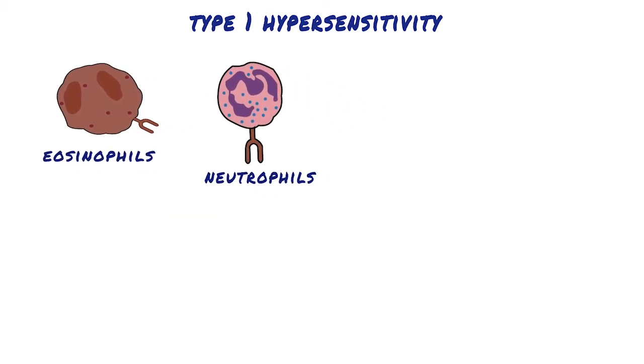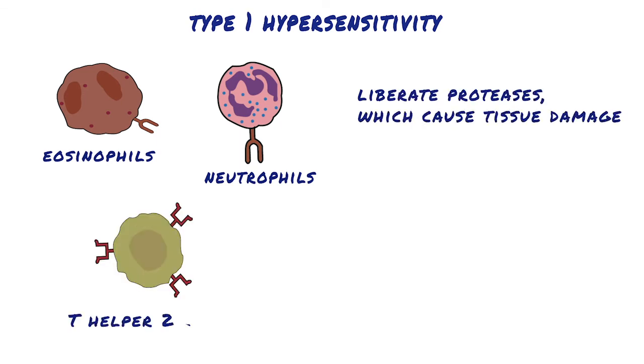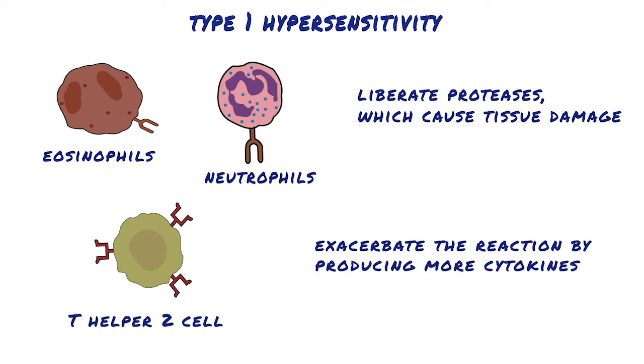Eosinophils and neutrophils liberate proteases, which cause tissue damage, and T helper cells may exacerbate the reaction by producing more cytokines. Eosinophils are prominent components of many allergic reactions and are an important cause of tissue injury in these reactions. These cells are activated by the cytokine interleukin-5, which is produced by T helper II cells and mast cells.